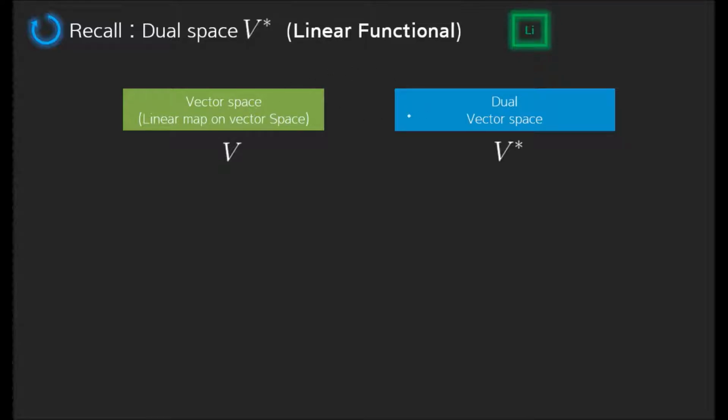This is the dual map, dual space. We know the linear functional is here, R, the linear map.